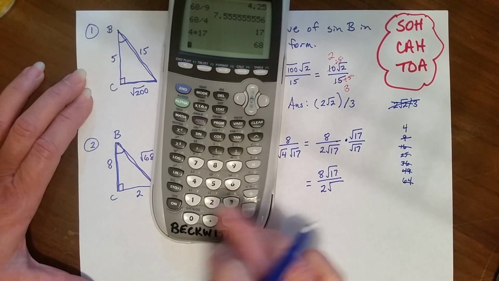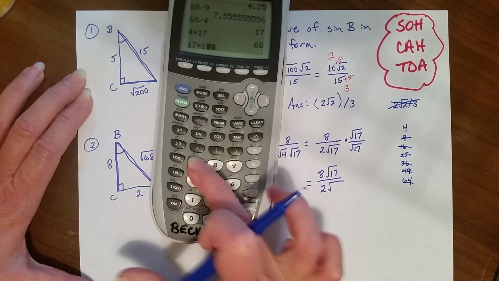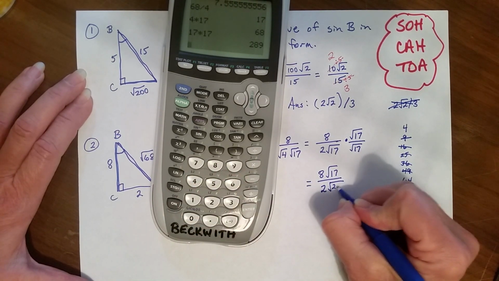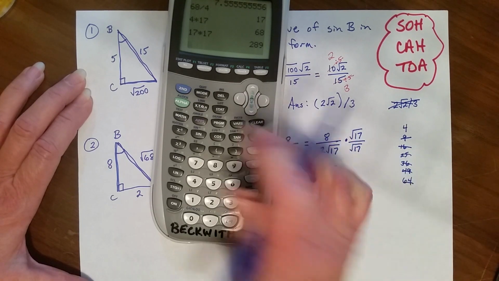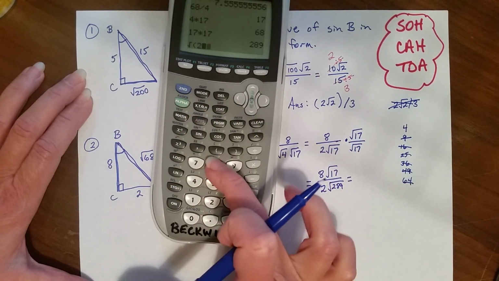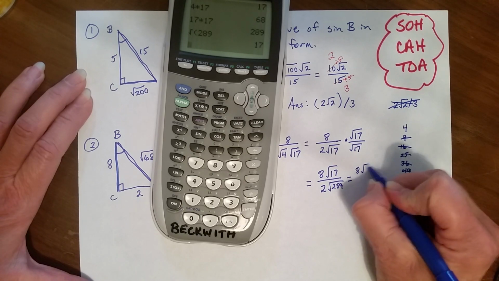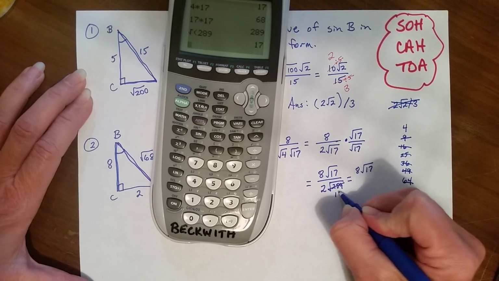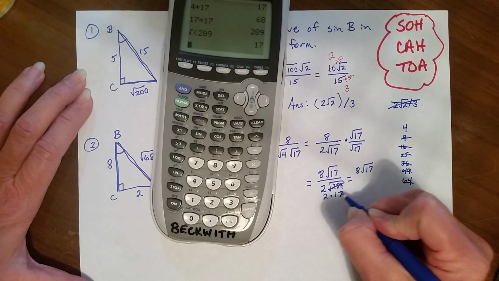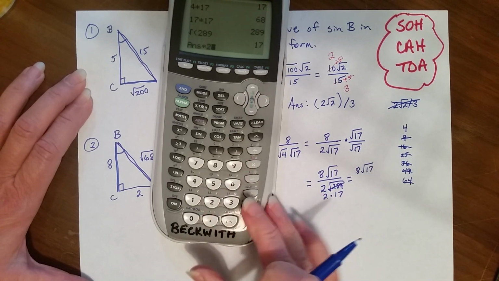If you did 17 times 17, you get 289, and the square root of 289 is 17. That's why we chose it. So I have 8 root 17 over 2 times 17, and we know that's 34.